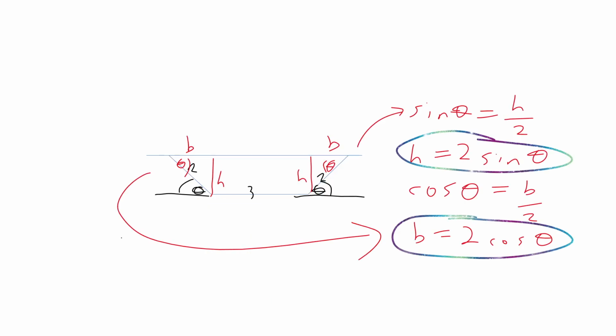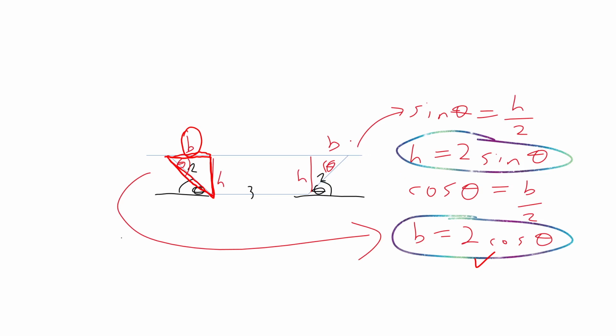Showing it again one more time, focusing our attention on this triangle. We could focus on the other one, they're the same. We can say that the base is equal to 2 cos theta, because cos theta is equal to b over 2.